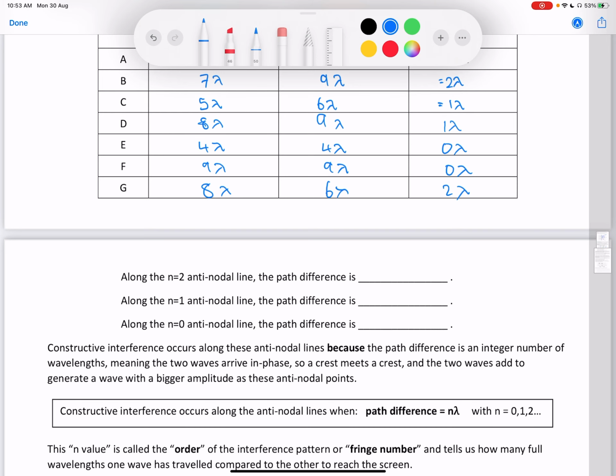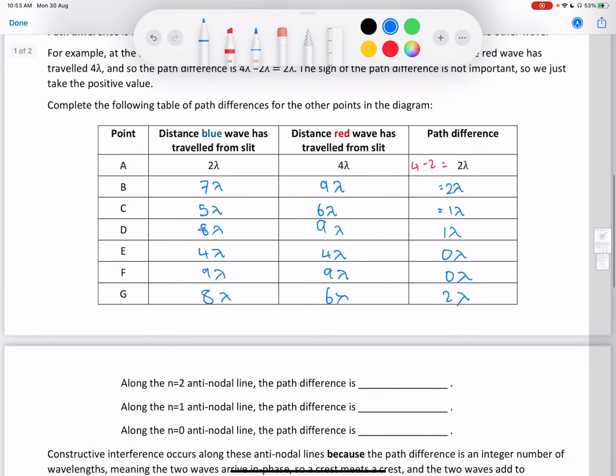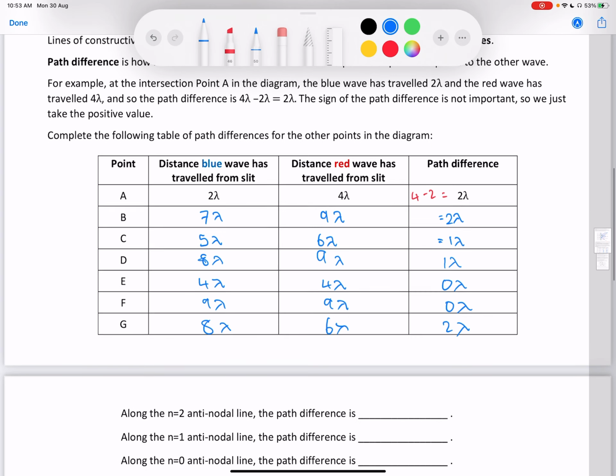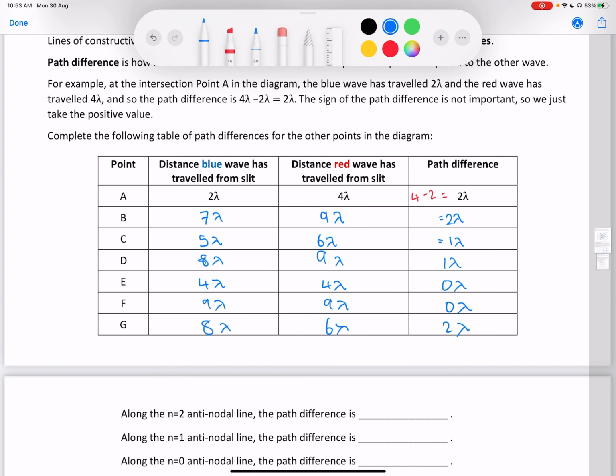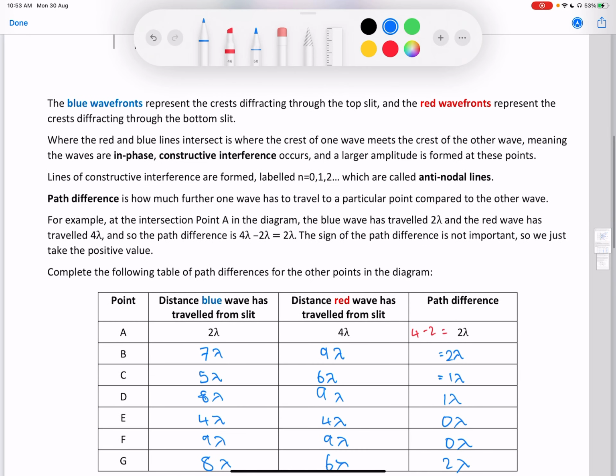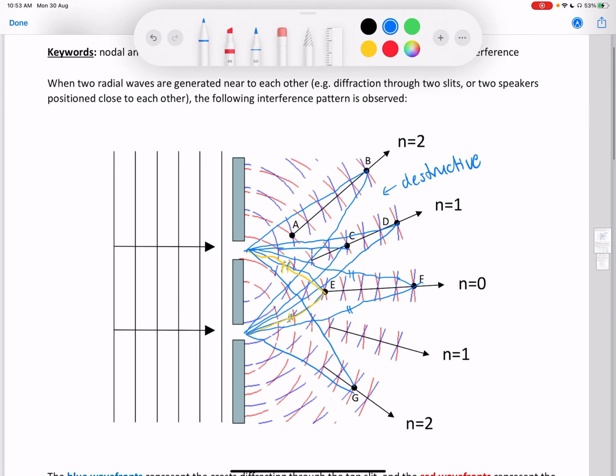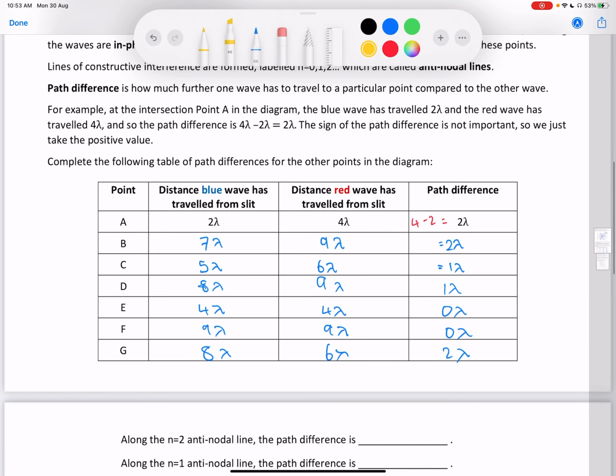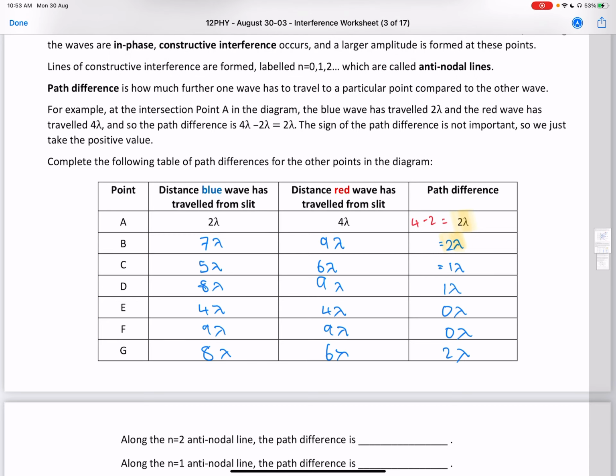Okay, so let's use this and do some pattern recognition to see what's going on. Along the n equals 2 antinodal line, we have B and we have A. A and B both have path difference 2 lambda.